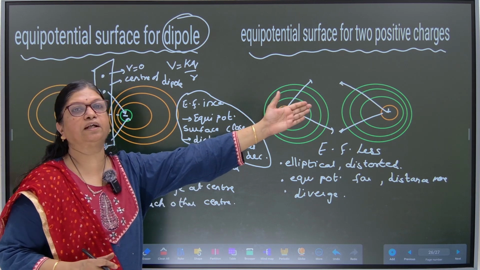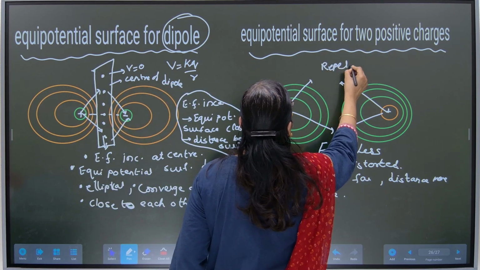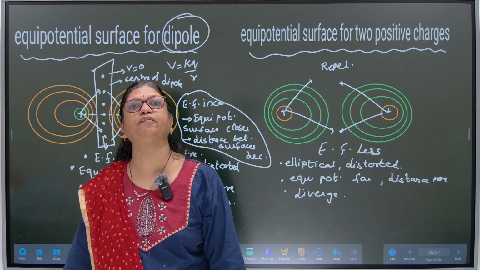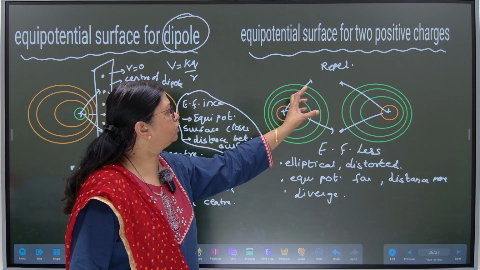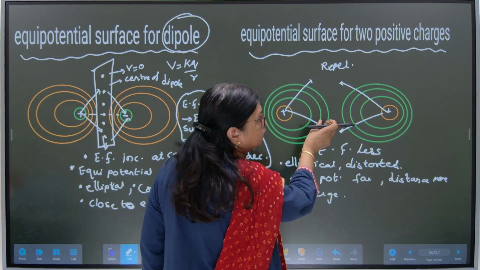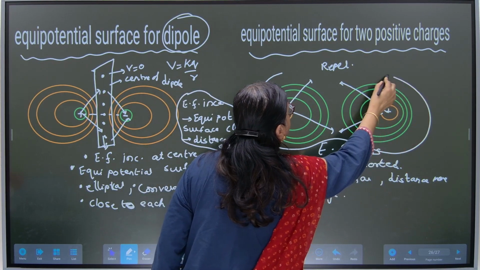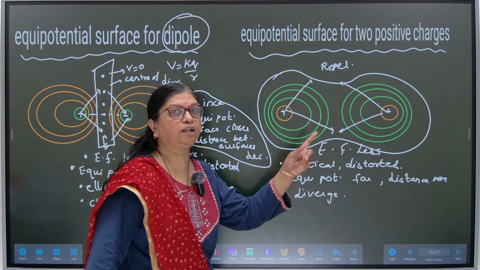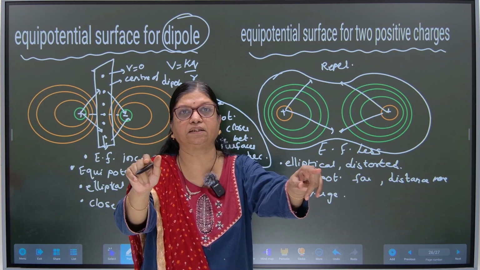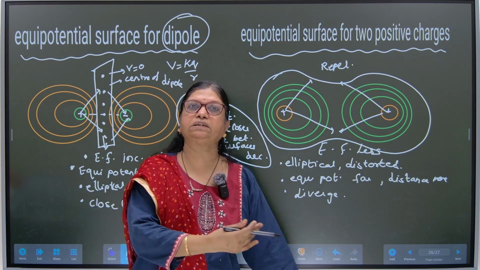Agreed? Reason again the same. Because one is positive, another one is also positive, they will repel each other. These two will attract each other, so their qualities are different. These two repel each other, so their shape is different. And finally, because they are coming close to each other, they can merge also and form this kind of a shape also. Now instead of these two positive charges, if I have two negative charges, same shape, they'll be more far away from each other, space will be more this type.